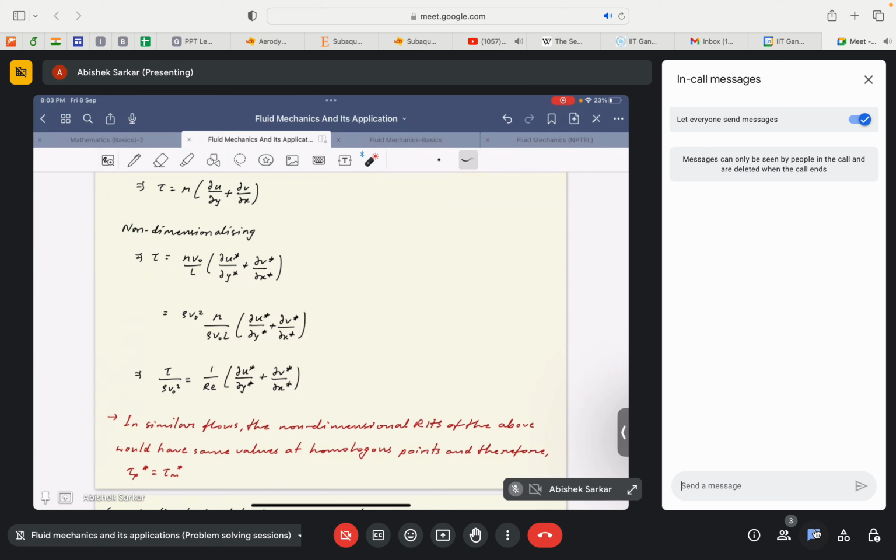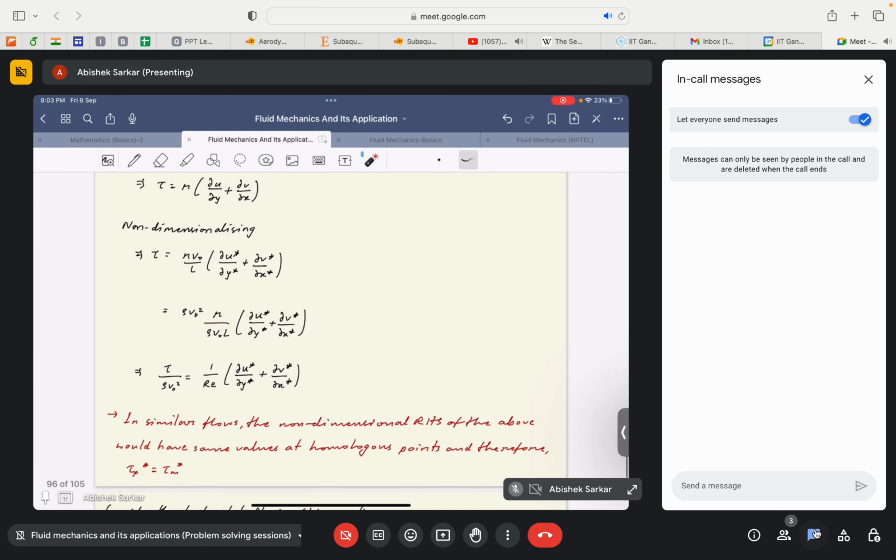We multiply and divide this factor by rho v, and then we can see that a factor equal to 1 by Re comes into picture.